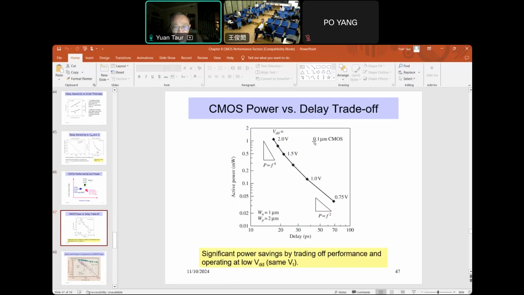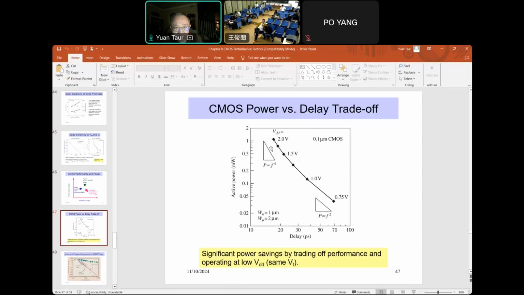We can also show here, for a given device, CMOS 0.1 micron, if you change the VDD and look at power versus delay, on a log scale, with power vertical and delay in the x direction, you can see that the supply voltage changed from 3/4 volt to 2 volts, and the delay goes down, but power goes up.